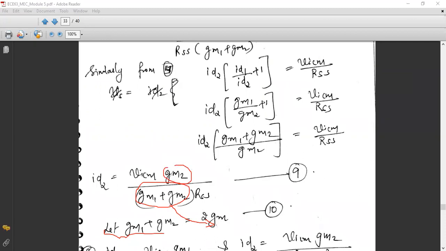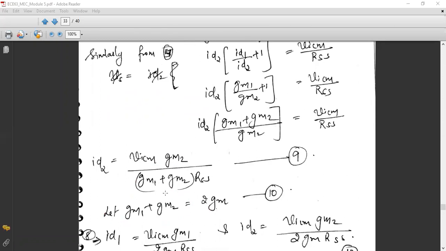But the denominator term, the sum of gm1 and gm2, will be approximately equal to 2gm only, because there is a slight mismatch between gm1 and gm2. It is not a big mismatch. Even though we are taking identical transistors, we may not be getting exactly the same transconductance. There is a very slight change. So the denominator can now be approximated as gm plus gm, which is equal to 2gm. But the numerator, let it be as such, gm1 and gm2, according to equations number 8 and 9.